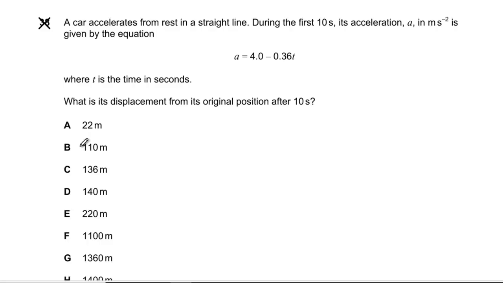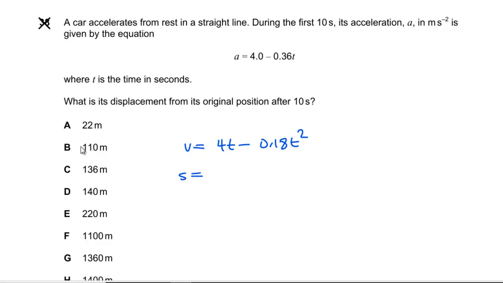A car accelerates from rest in a straight line during the first 10 seconds. The acceleration is given as a function of time. What is the displacement from its original position after 10 seconds? Right, so for our velocity, we just want to integrate these. So 4t minus 0.18t squared. There would be a constant, but we've got v is 0 at t is 0.